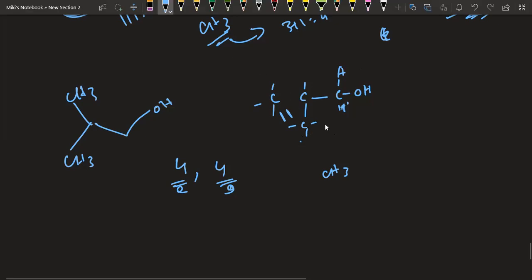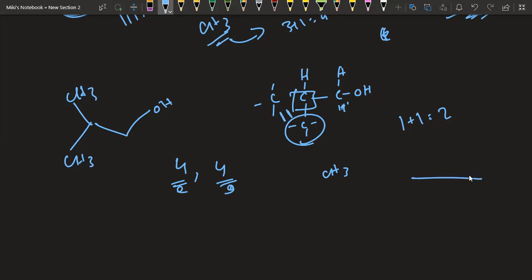This is our CH3, its adjacent carbon is this one, and it has only 1 hydrogen. That means 1 plus 1 is 2. That means we would see a doublet here. The doublet should be somewhere in between 0.9 to 1.7 region. We don't need to know it right now, but if you see the data booklet, you will see the presence of the CH group, as shown there. The same goes for this one, because it's a similar CH3 portion.